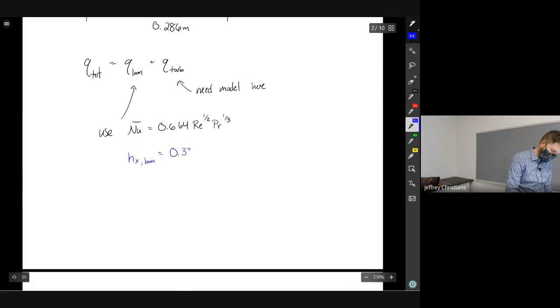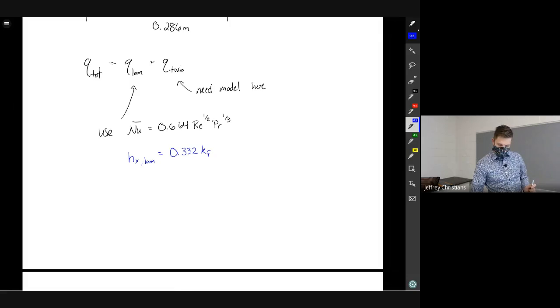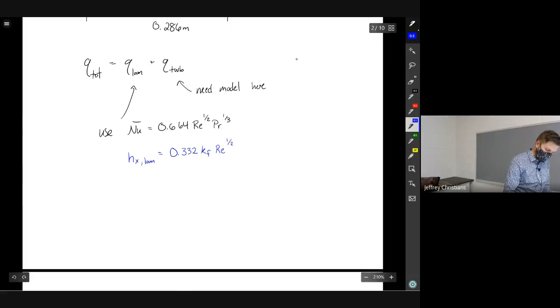Because this is 0.332 times k_f, Reynolds to the 1/2, Prandtl to the 1/3, x to the -1. This whole part.